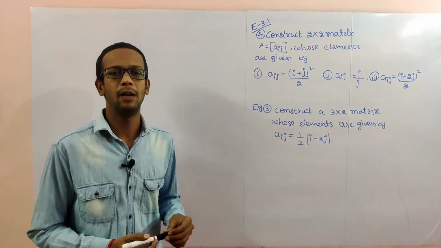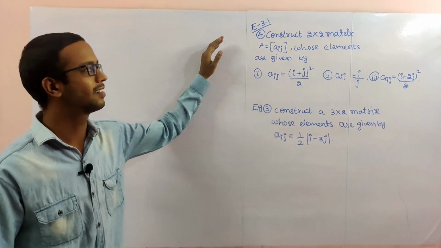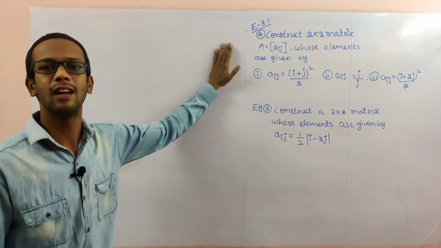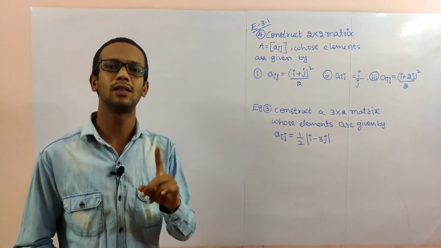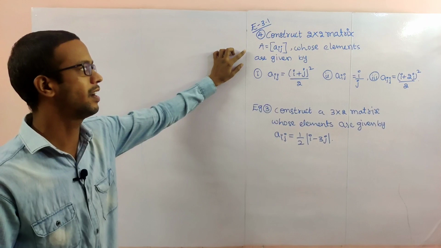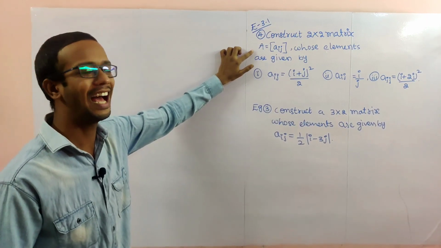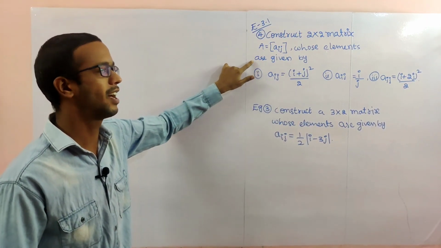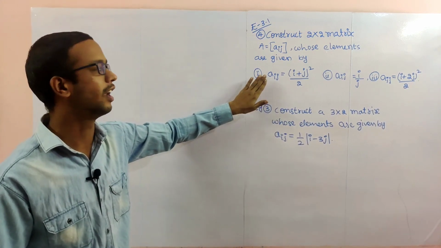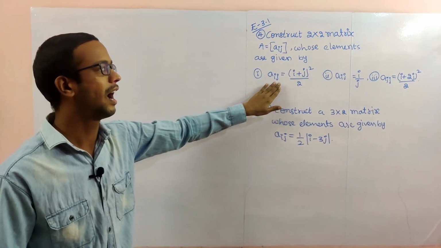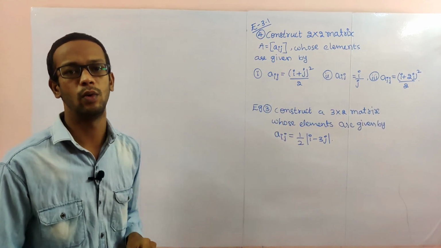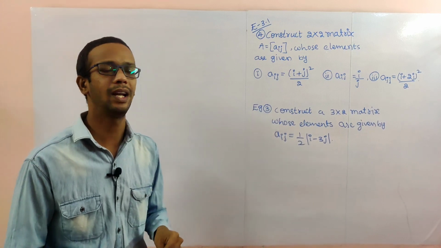Next, problem number 4. Construct a 2 by 2 matrix. That means 2 rows, 2 columns. The matrix A is equal to [aij], whose elements are given by the condition aij equals (i plus j) whole square by 2.